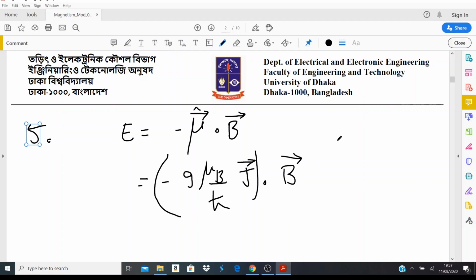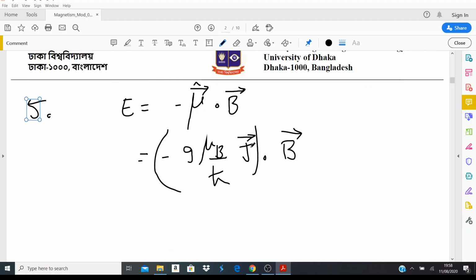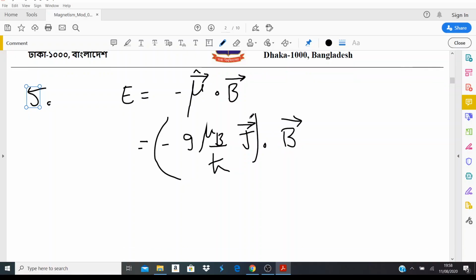Now, if you remember, in our expression the magnetic field points along the z direction. So if you dot this vector with this one, only Jz will survive, because this vector doesn't have any component along x or y.